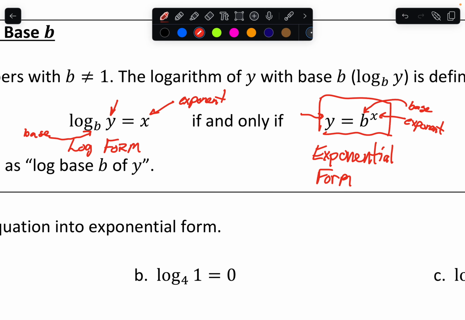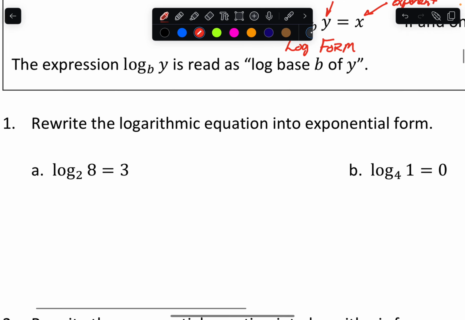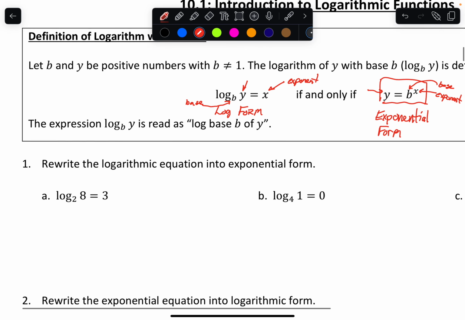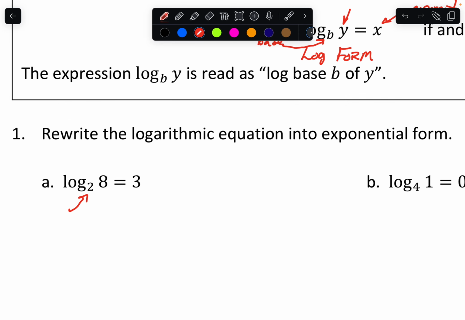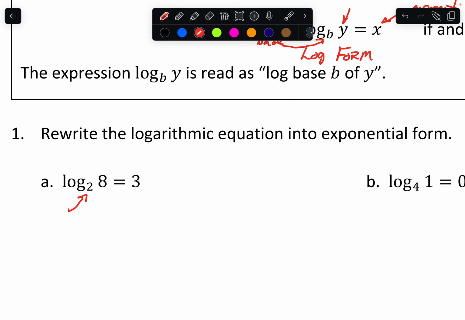If we're looking at something in log form, like log base 2 of 8 equals 3, basically what this is saying is: the base raised to what power, what exponent, will give me 8?